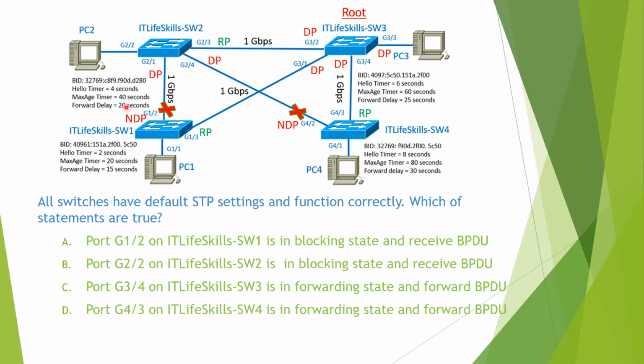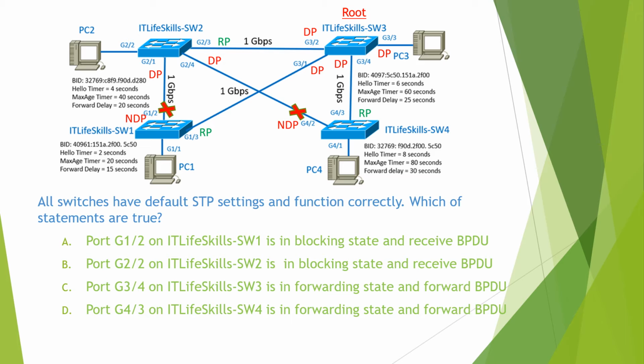Port Gs12 on IT Live Skill Switch 1 is in blocking state and receives BPDU. This answer is correct. Port Gs22 on IT Live Skill Switch 2 is in blocking state and receives BPDU. This answer is not correct. Port Gs34 on IT Live Skill Switch 3 is in forwarding state and forwards BPDU.